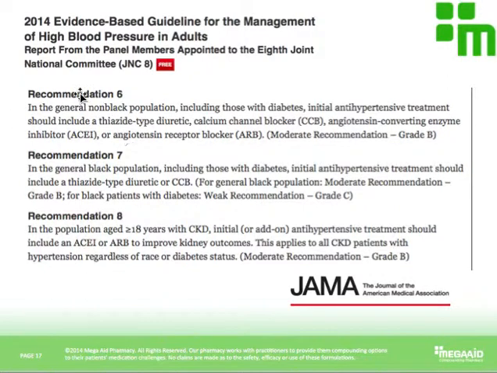These are just a few that I added, but you can see here it says in the general non-Black population, including those with diabetes, initial antihypertensive treatment should include a thiazide diuretic, a calcium channel blocker, an angiotensin converting enzyme inhibitor, ACE inhibitor, or an angiotensin receptor blocker. So these are all drugs: thiazide-type diuretics, ACEs, and ARBs. So you can see you have very, very specific recommendations of how you treat high blood pressure.